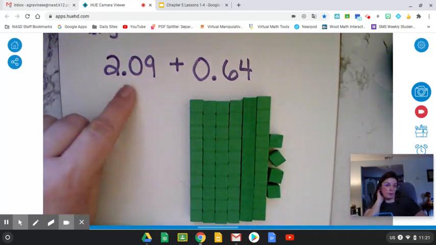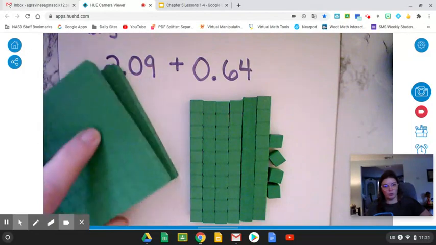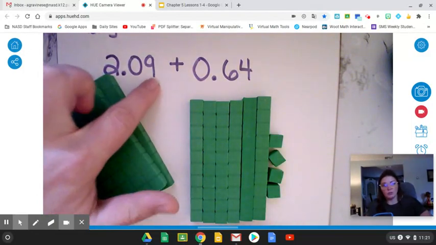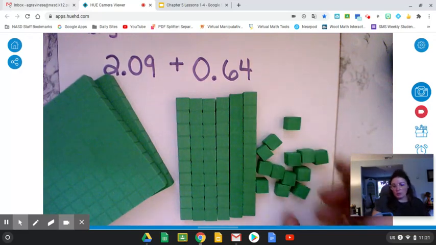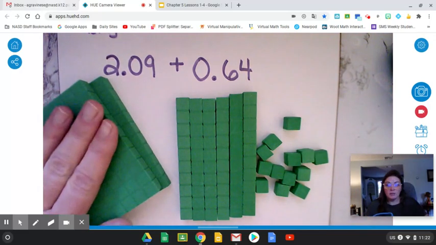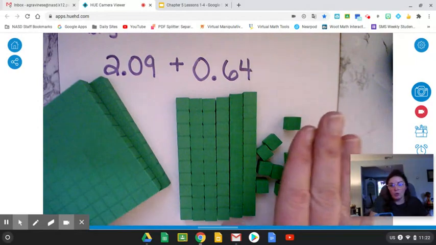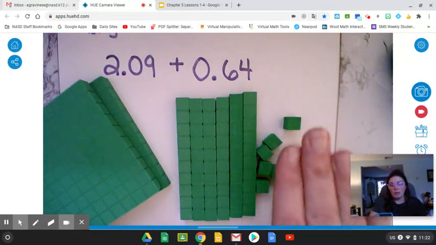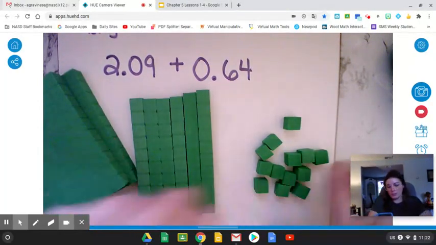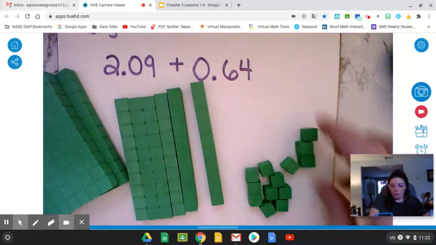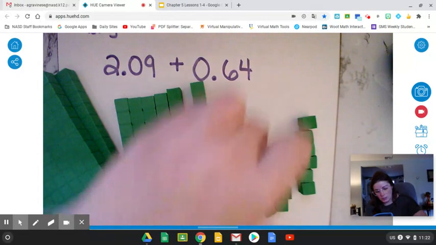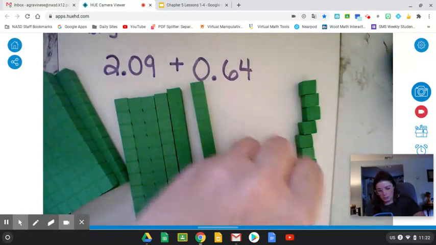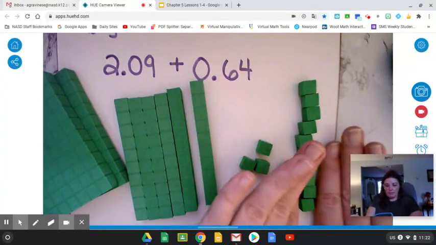Let's bring in our 2 and 9 hundredths. Here are my 9 hundredths. All right, to add these together, I'm going to start with my smallest place value and combine them. Let's see. I have 3, 4, 5, 6, 7, 8, 9. Here's 10.